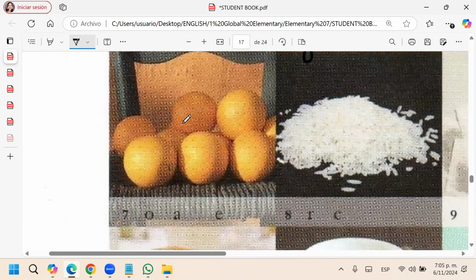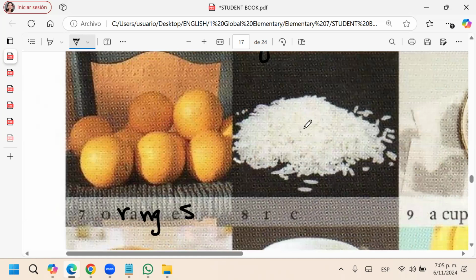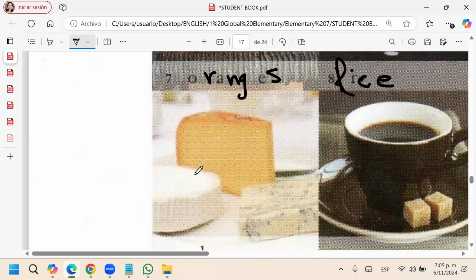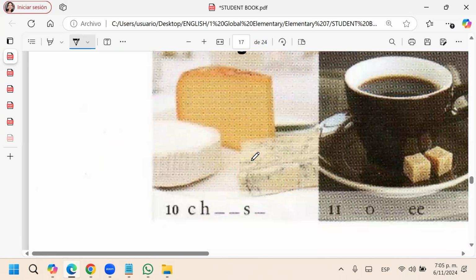And this, oranges. Eggs. And this, rice. Here, rice. And this, a cup of tea. And this is cheese.